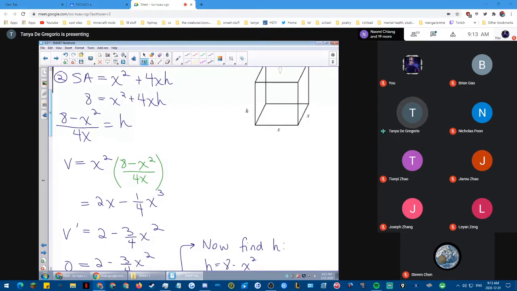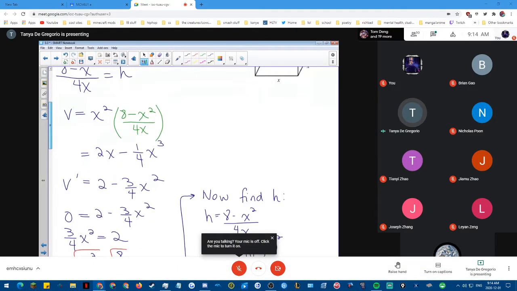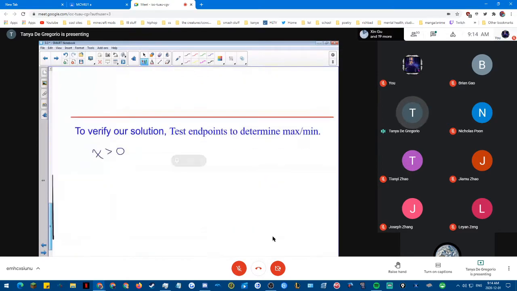If my other dimension is 0, because that's the lowest number that it can be, here I would have h equal to 0, and then solve for x. If h is equal to 0 and I solve for x, I can see that 8 equals x squared. So that means that x equals root 8. Yeah? That's where the other restriction comes from: your other variable equals 0.